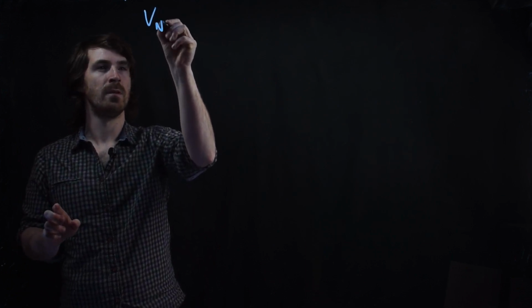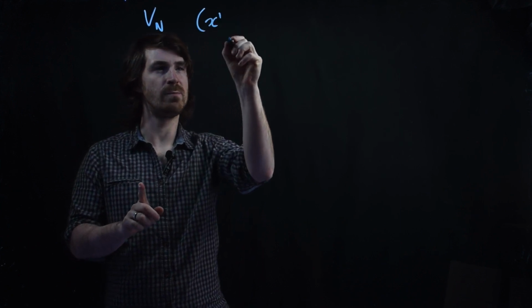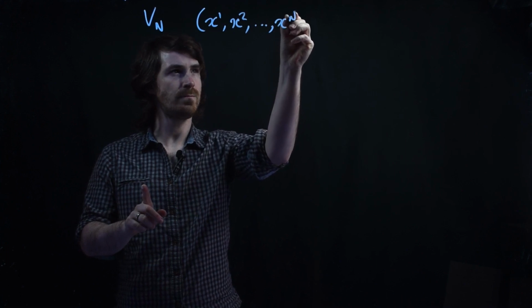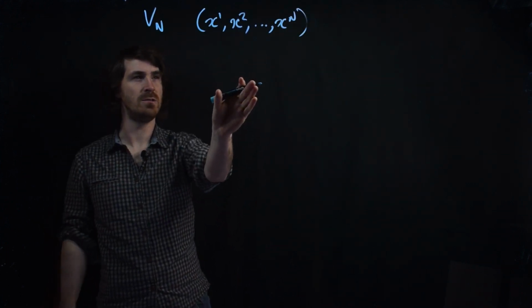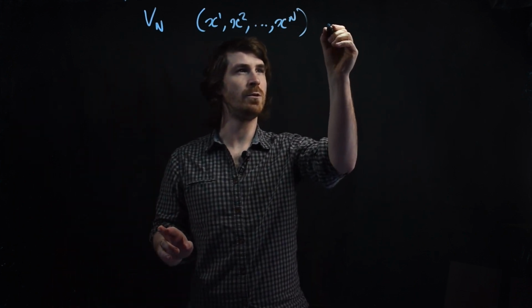Okay, so we now come to an important part of the course, where we are going to discuss the transformation of coordinates. So we're considering some n-dimensional space, let's call it Vn. And we have a set of coordinates in this space, x superscript 1, x2 up to xn. We're going to be concerned with transformations of coordinates from this coordinate system to a different one.